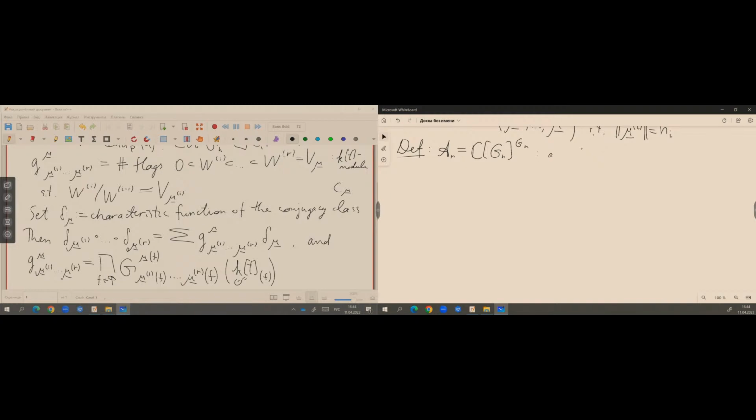So it's a vector space with a basis delta mu such that the size of mu is n.